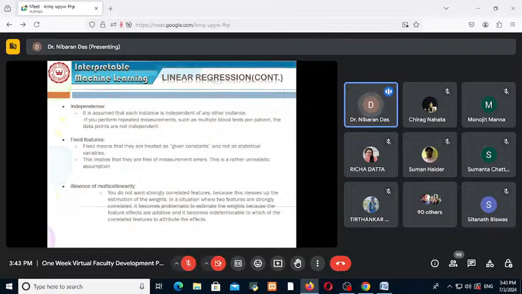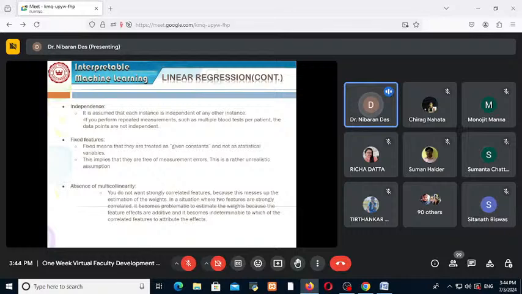And another important point, absence of multicollinearity. Collinearity is very important: whenever two features are collinear in nature, it will be very difficult to identify their contributions properly when they act simultaneously.